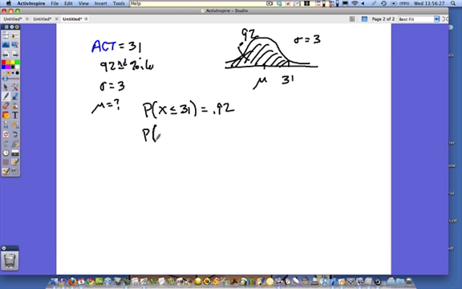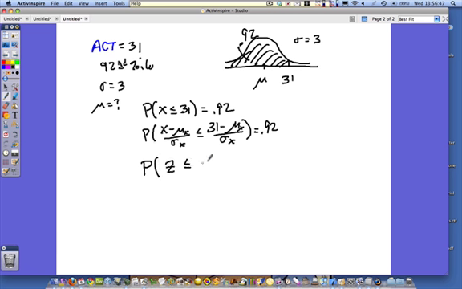Let's standardize this x. (X minus mu of x) over sigma of x less than or equal to (31 minus mu of x) over sigma of x equals 0.92. This right here turns into a z-score.